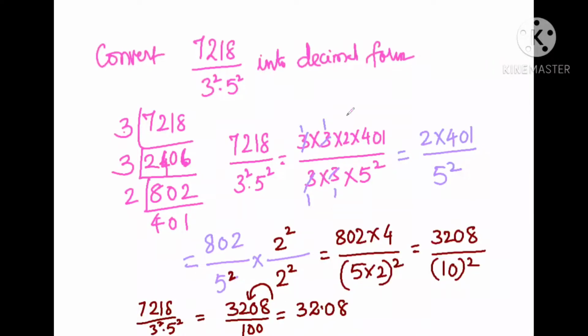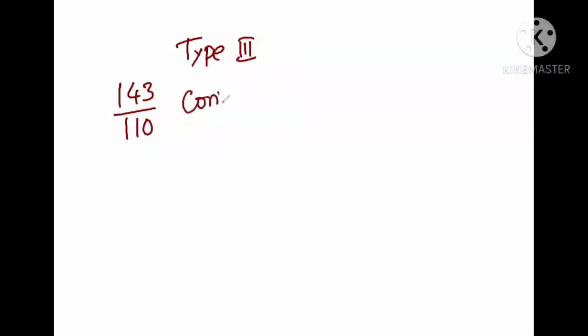In the last, we explain the third type. Type 3: convert 143 by 110 into decimal form.